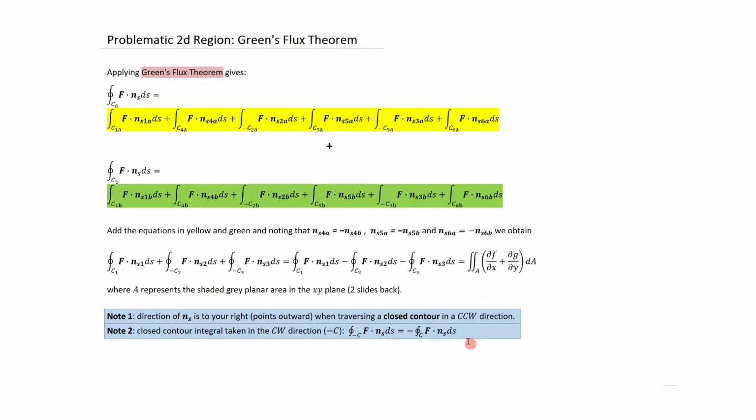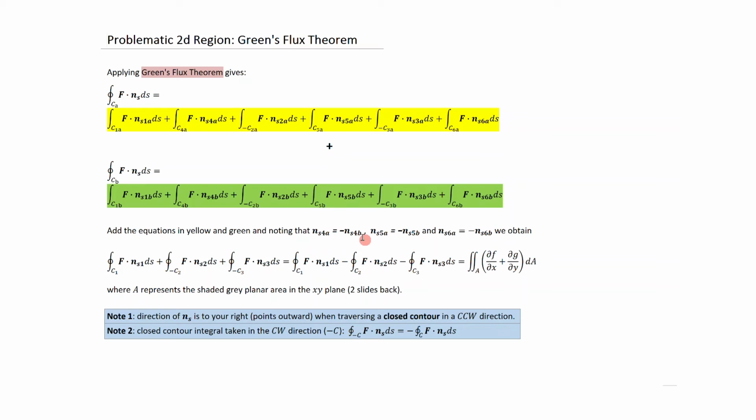All right, we can also now apply Green's flux theorem for the 2D case. The only difference now is that these expressions involve the normal component rather than the tangential component to the contour segment. So more or less everything looks the same, right? For both contours, CA and CB. The difference being that now there are N's in here rather than T's.